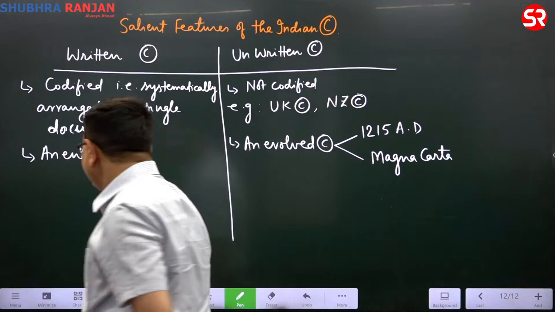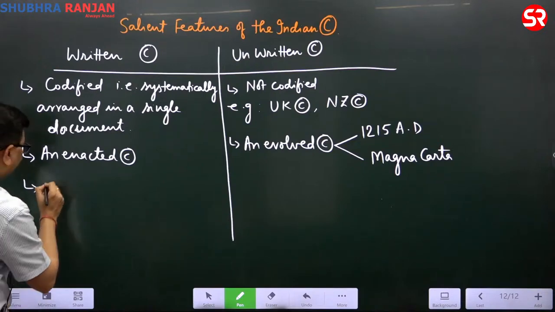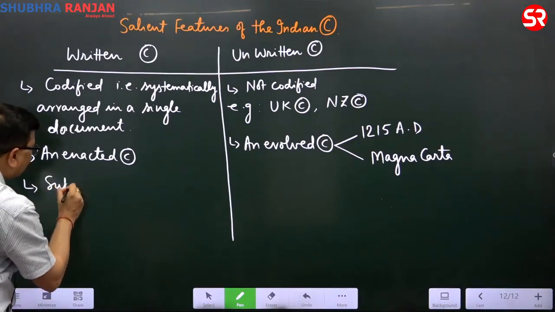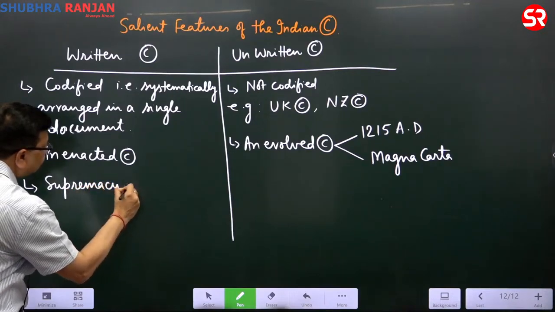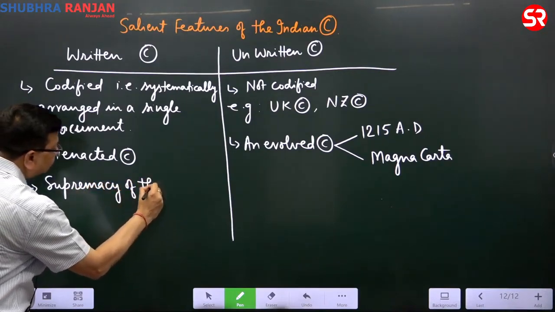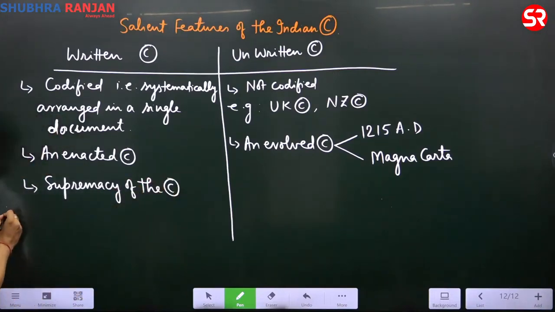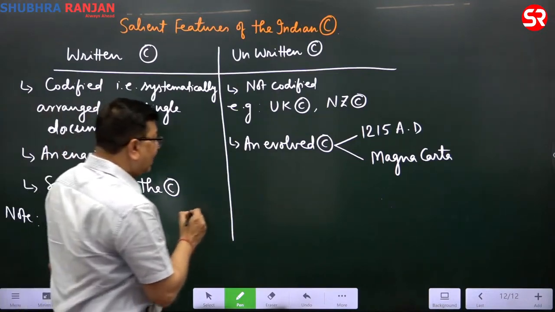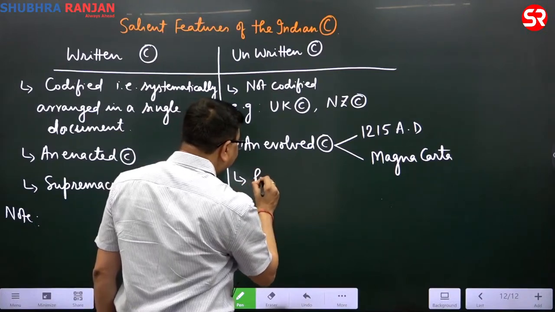And then the most important aspect: in a written constitution, there is supremacy of the constitution, whereas in an unwritten constitution, there is parliamentary supremacy.